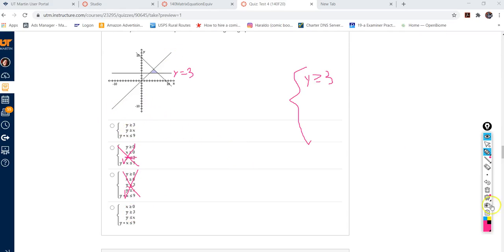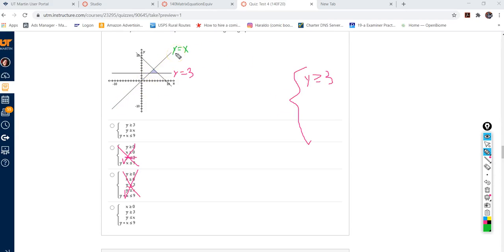This is the line. This diagonal line here is the line y equals x. It's a perfect diagonal and it goes through the origin. And if I'm going to have this region, then one of my equations is going to have to be on this line and below the line.